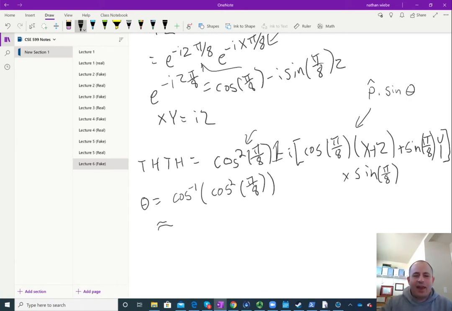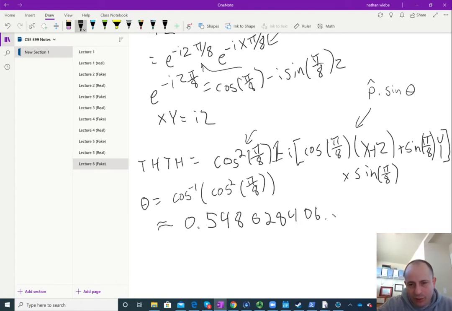In fact, it's an anti-special angle, and that's the key point of why we're doing it. We want this to be 0.2840, 6, and so on and so forth. And all right, cool.